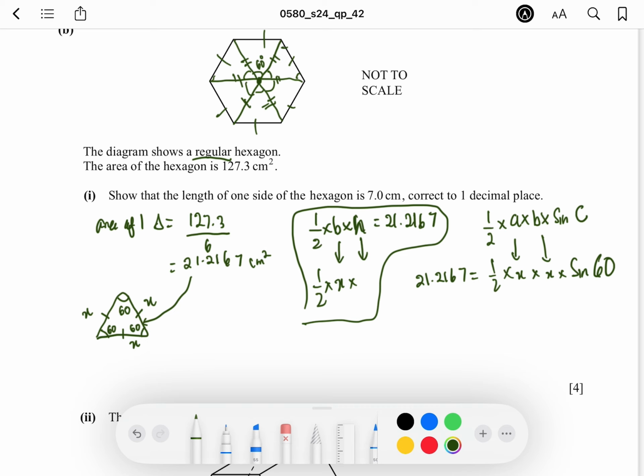Can we solve this equation? Very good, only one variable. Then we can use the calculator.